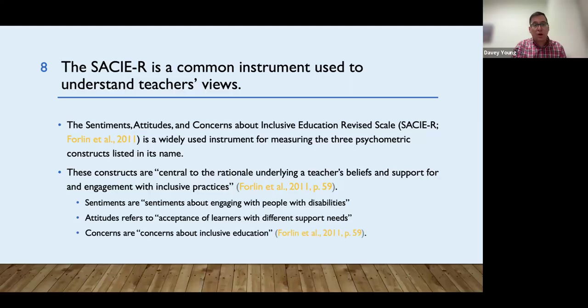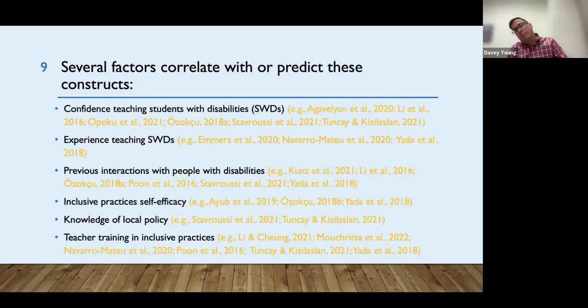as we go. Okay, now, as I said, this scale has been used dozens of times in many different contexts, and across all of these various studies, several factors have been found to correlate with or predict these three concepts of sentiments, attitudes, and concerns.